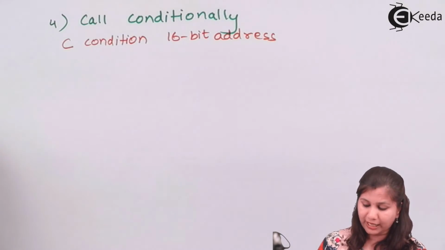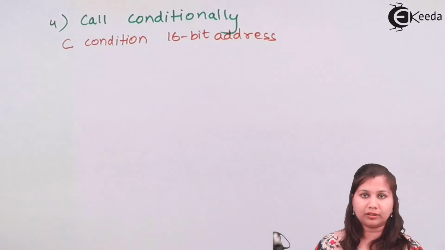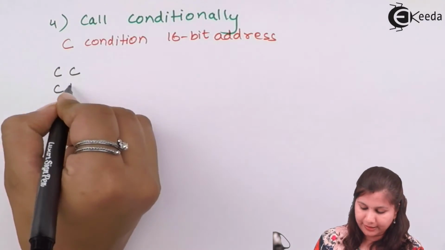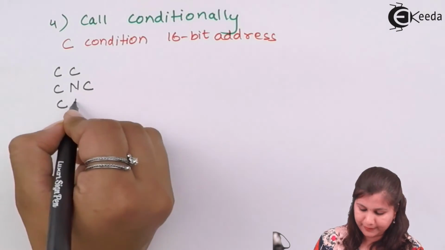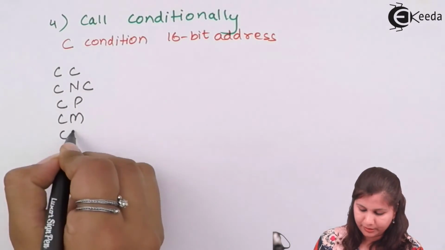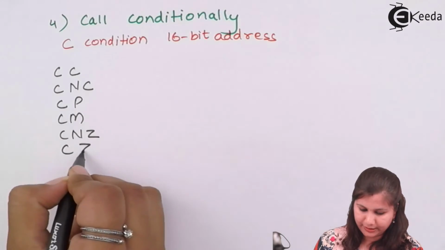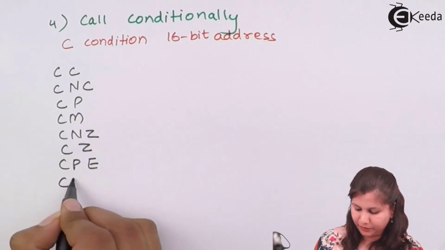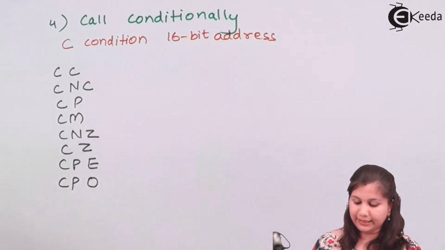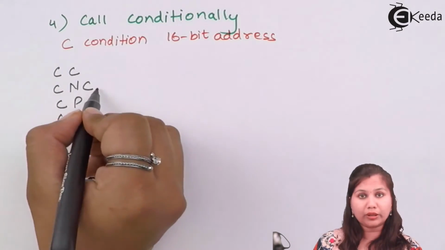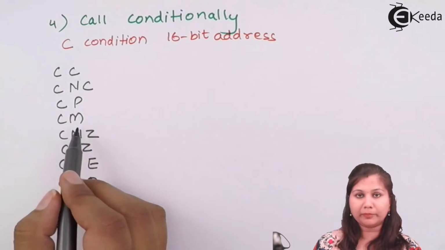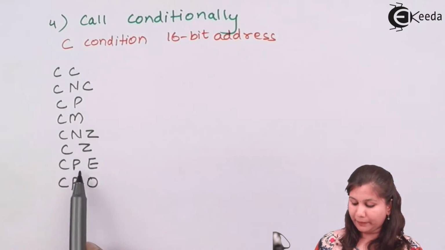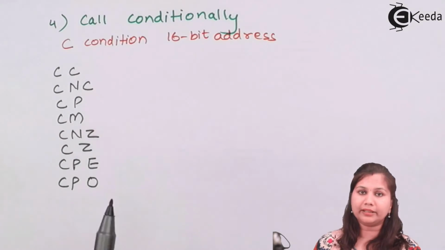So based on that we are having different conditional call instructions like CC, CNC, CP, CM, CNZ, CZ, CPE, and CPO. Again, like call on carry, call on no carry, call on positive, call on minus, call on no zero, call on zero, call on parity even, and call on parity odd.